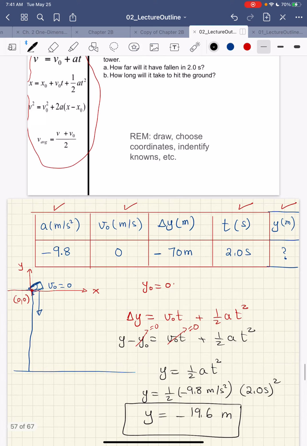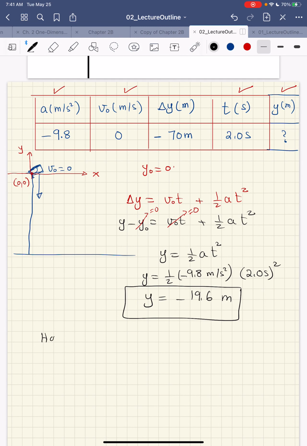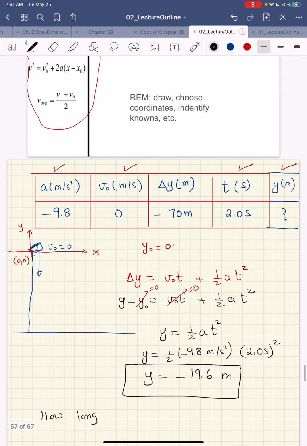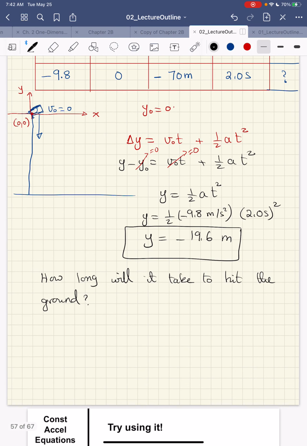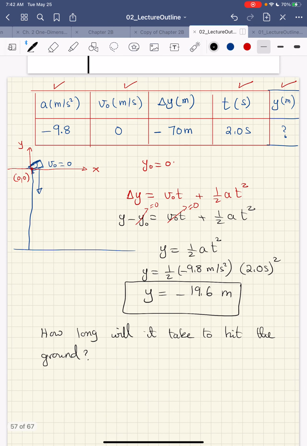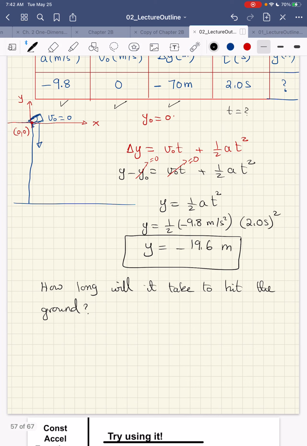Now how long will it take to hit the ground? Now it is going to cover all the distance or the displacement, and here I'm going to consider now the time is missing because I need to find the total time.